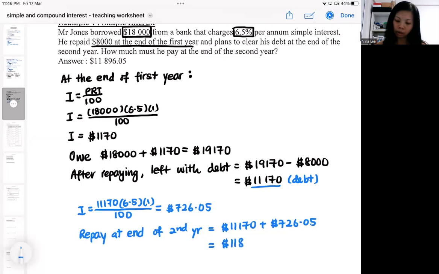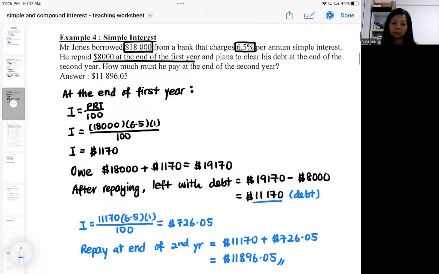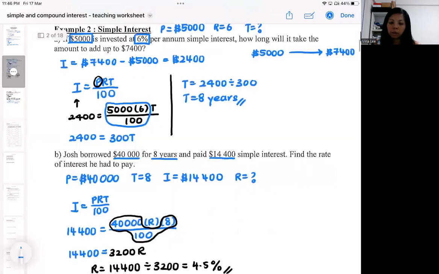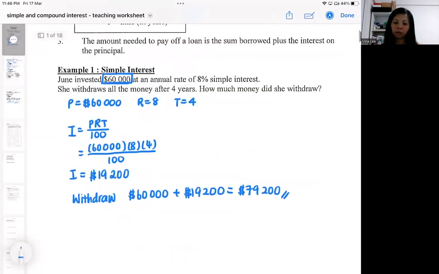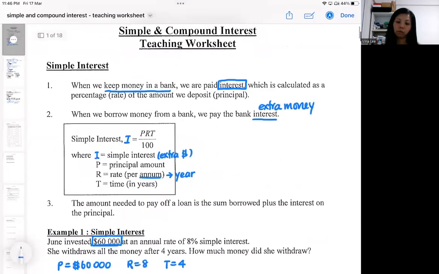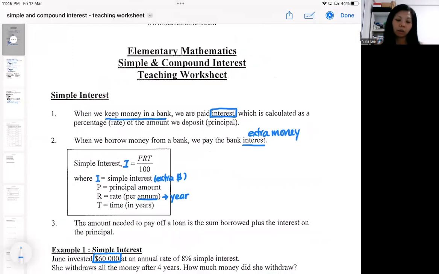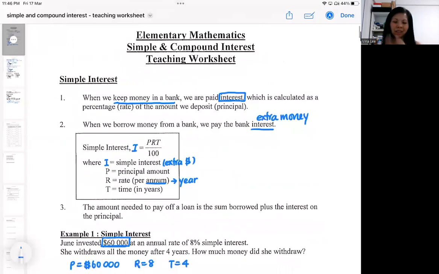So at the end of the second year, he will need to pay this amount. So you got to think year by year, so there will be a bit of complication, but we are still using the same formula. Simple interest formula is PRT over 100. Hopefully you can recall. If you think you need a bit more practice on this, actually Sec 1 has this kind of question.